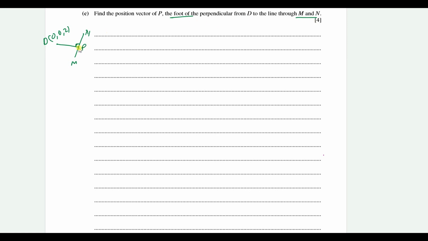So we know the vector equation of the line through M and N is given as 2i cap plus j cap plus lambda times minus i cap plus 2j cap plus 2k cap from the B part. This is the vector equation, and hence any point on MN will be of this type.